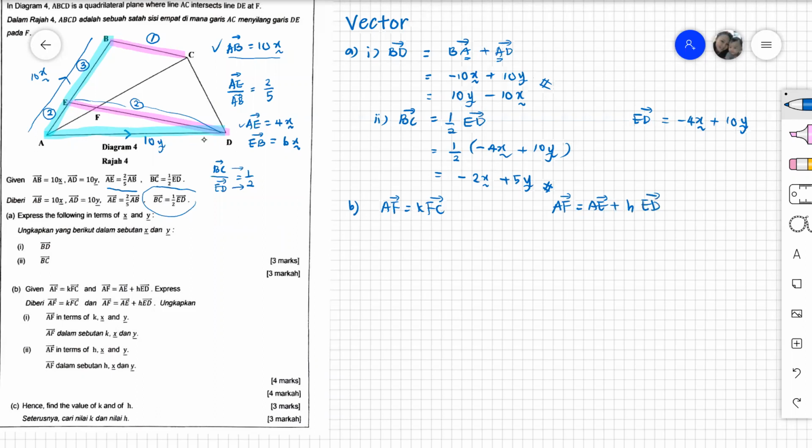Now, based on what is given, look at AF equals k FC. A to F is equivalent to k times F to C. You see, none of AF, FC, or AC do we have. But we can find AC. How do I know? Because I have the blue path and a pink path. Remember the pink path we just found. We just found BC.